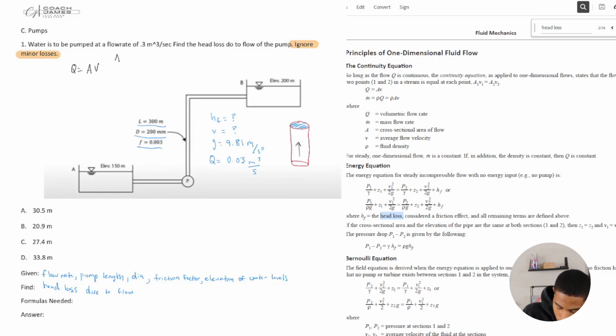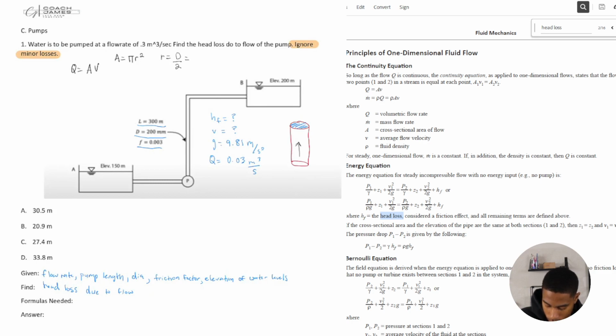What is A? A is equal to pi r squared, right? That's the area of this circle, or the cross-sectional area. So what is R? Well, we want to make sure that we put everything in meters. So R is equal to D divided by 2, or our diameter divided by 2.